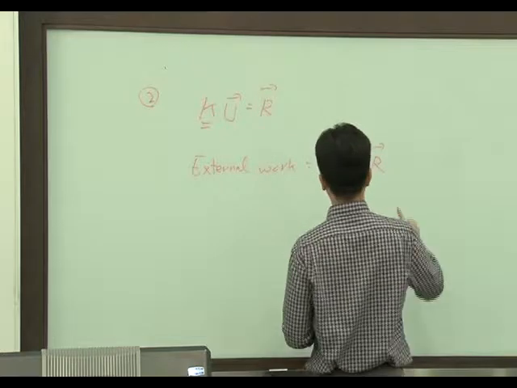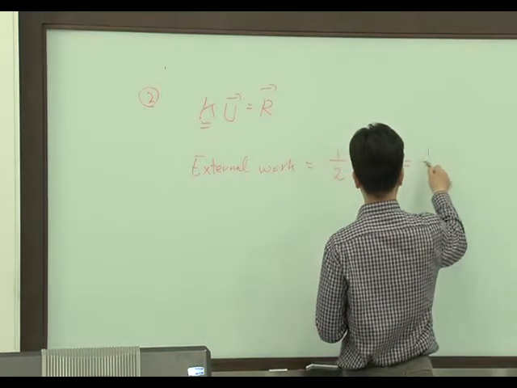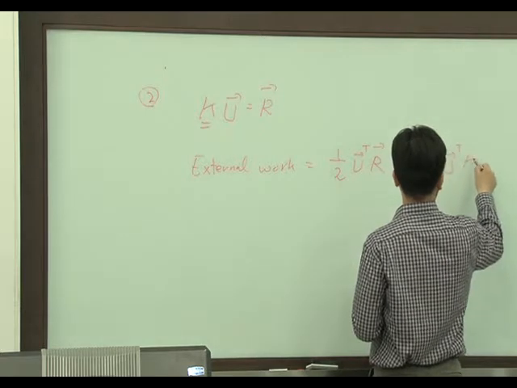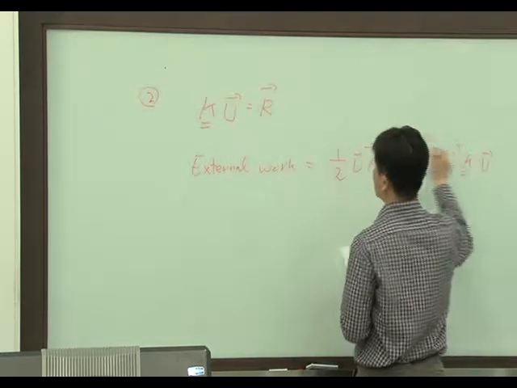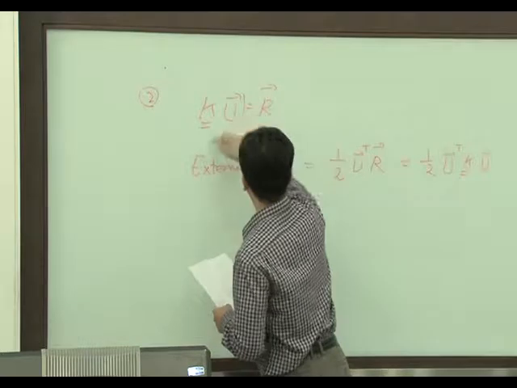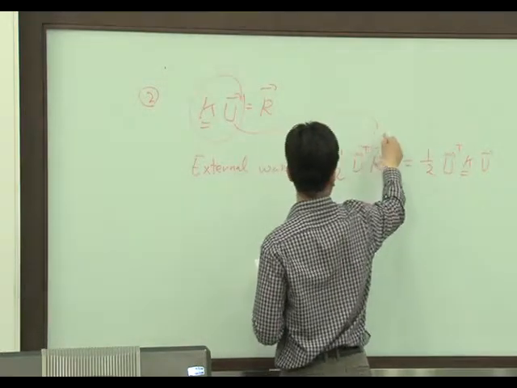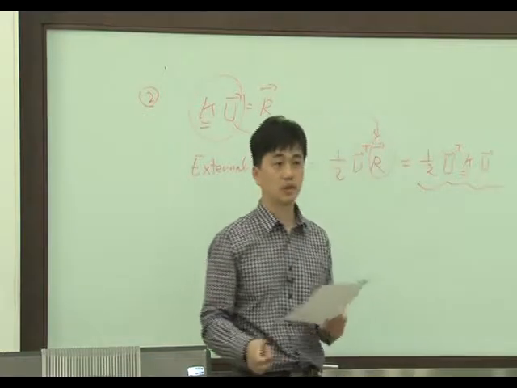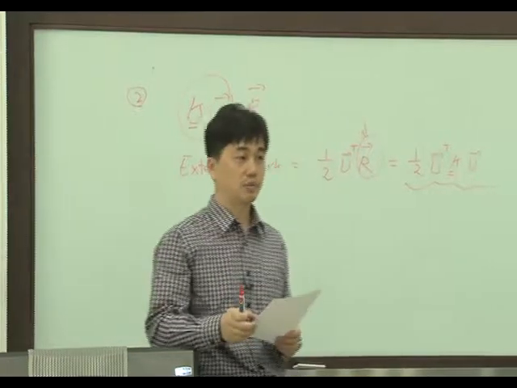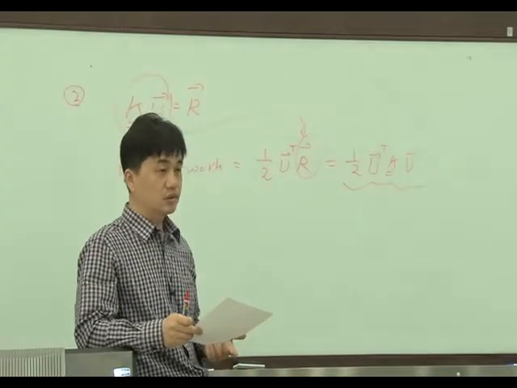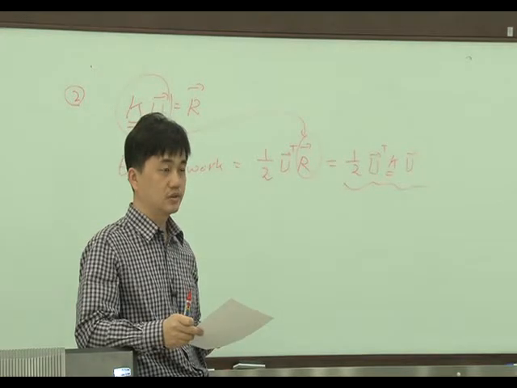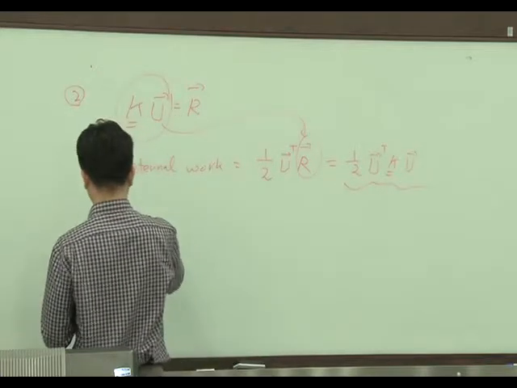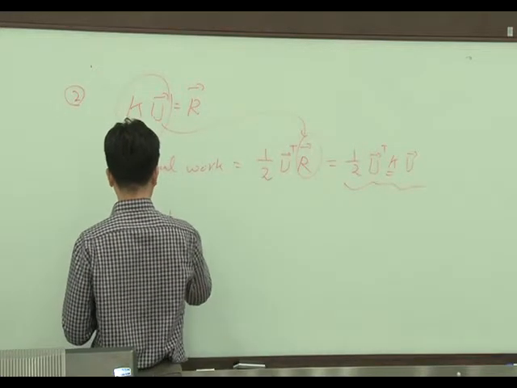And again, this becomes 1 over 2 U transpose K U. We can put this into R. This gives us the external work, and also the work stored in the structural system. This is the same, the strain energy.